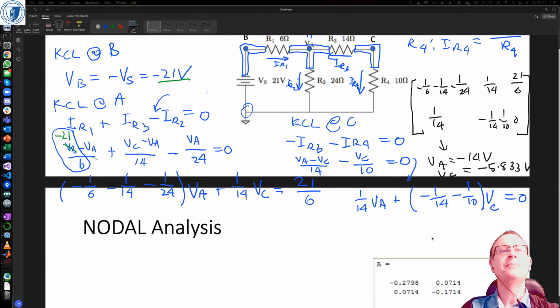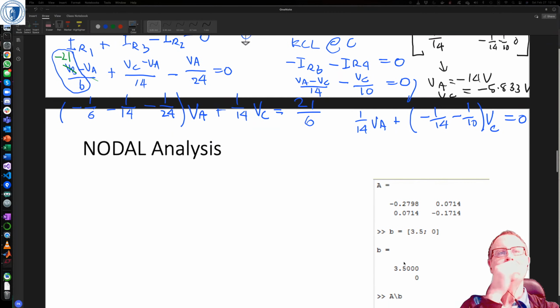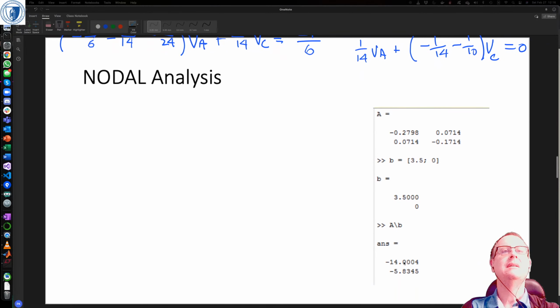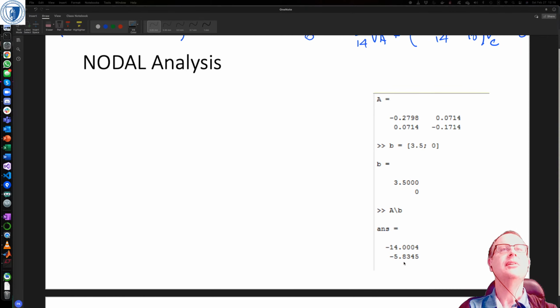And that was an earlier MATLAB version that I did, so you can see the results there.